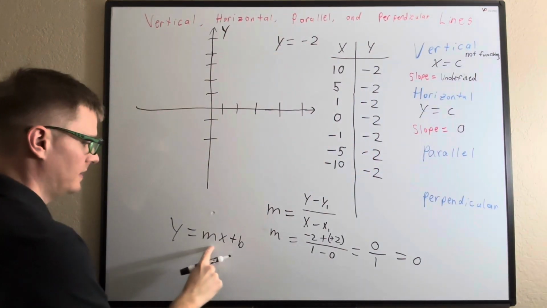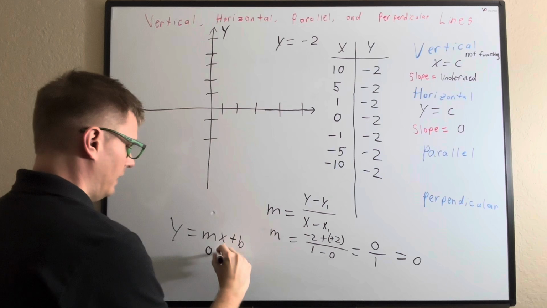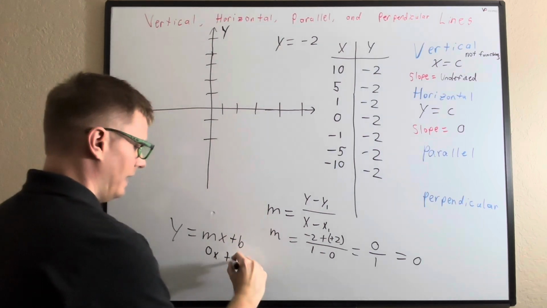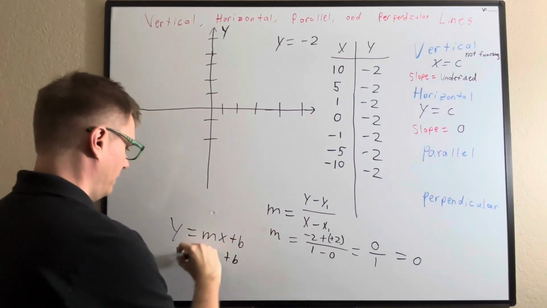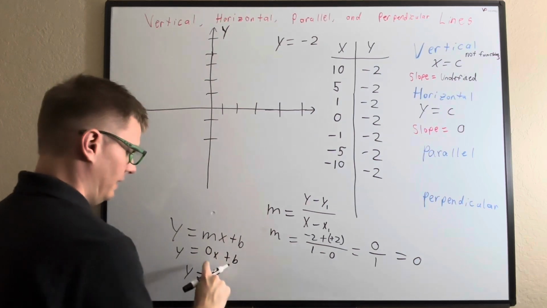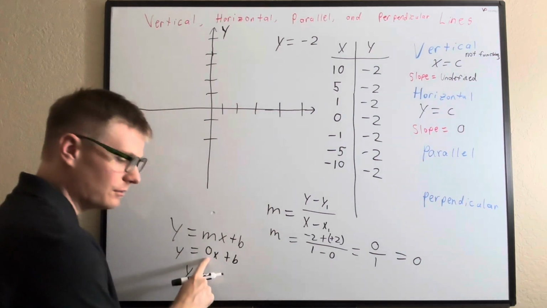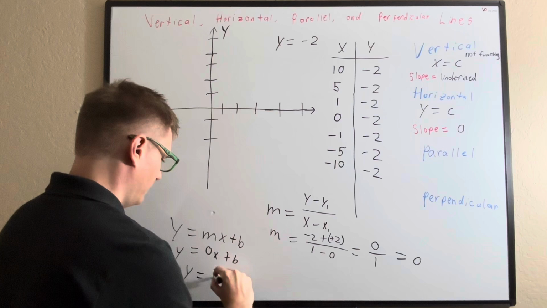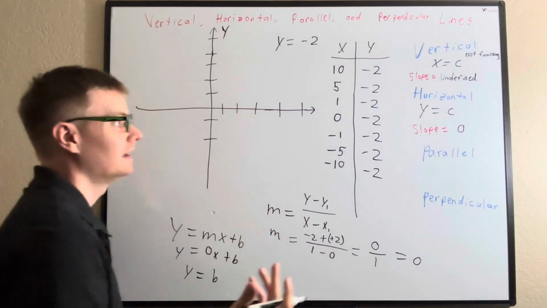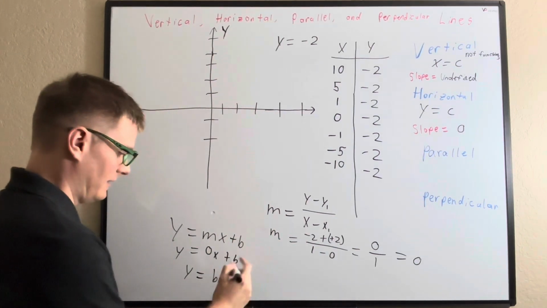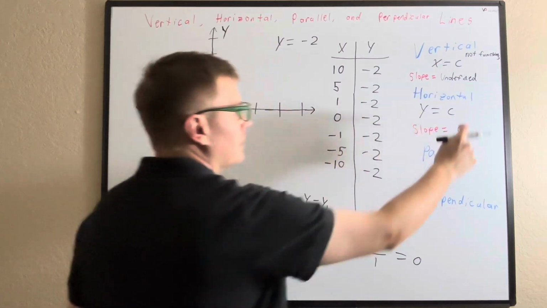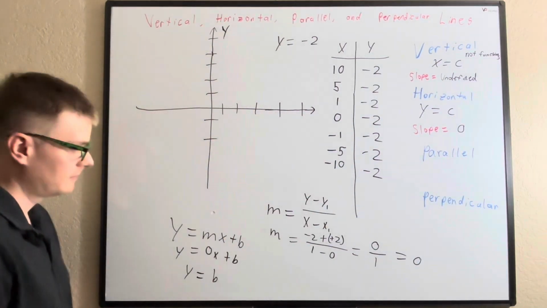Well, if m is 0, and it's being multiplied by x, what are we left with? Because anything multiplied by 0 is just going to be 0, so it's just like y equals b. And if b could be anything, then y equals c.